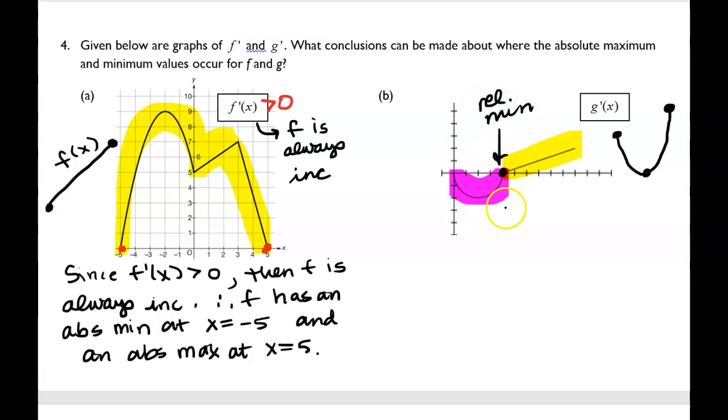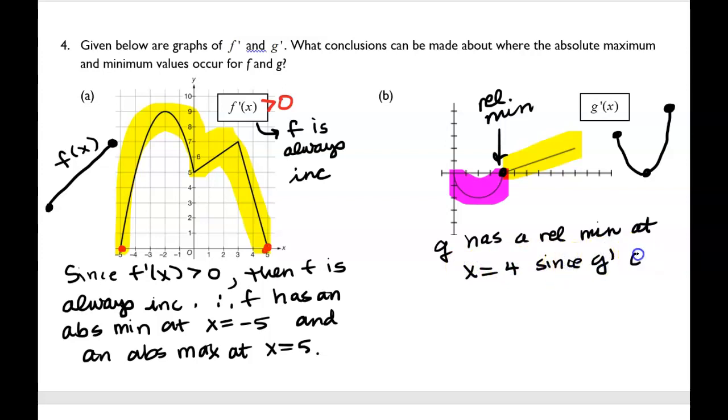And what we know from our previous sections is that I have a relative minimum because g prime is changing from negative to positive. So when I only have one critical point here, that will either be an absolute max or an absolute min, and it will match up with whether or not it's a relative max or relative min. So what we can say is g has a relative min at x equals 4, since g prime changes from negative to positive.